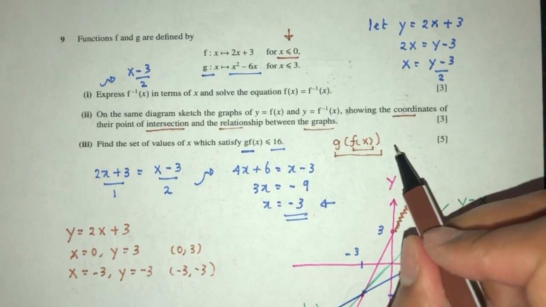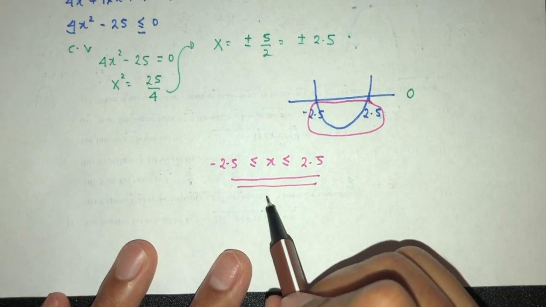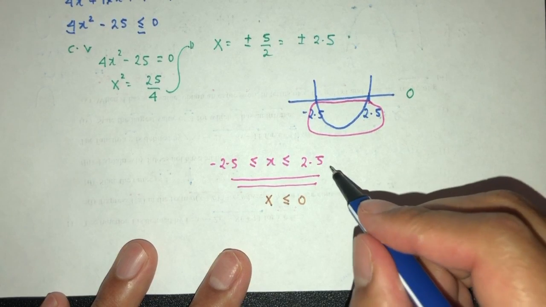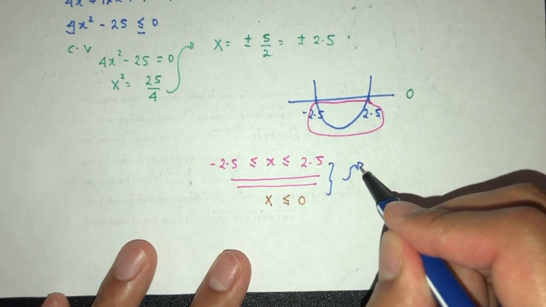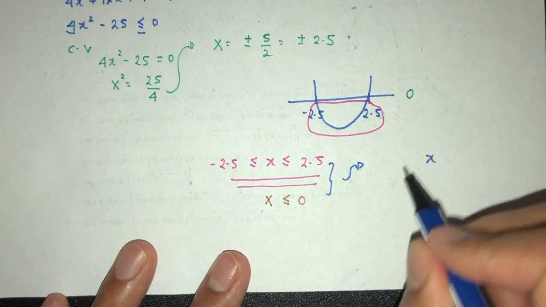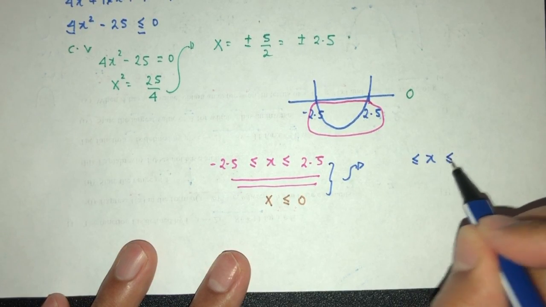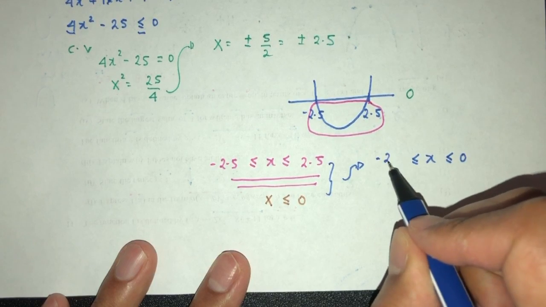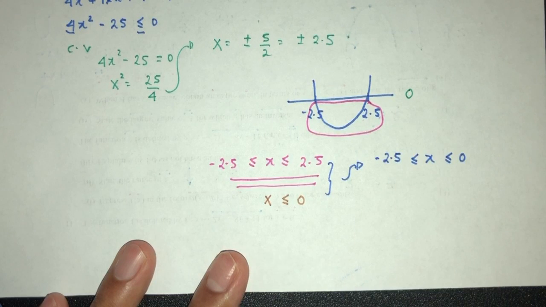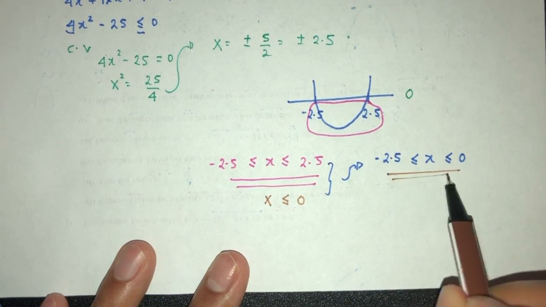So based on that, because here we have two limits now, we have this and also x has to be less or equal to 0. So combining these two together, what is going to be your answer? As you can see, x will have to be between minus 2.5 and 0. Obviously that will be this, and okay, that should be your answer, combining these two domains.